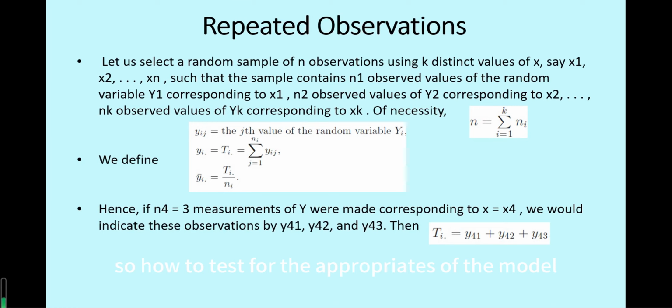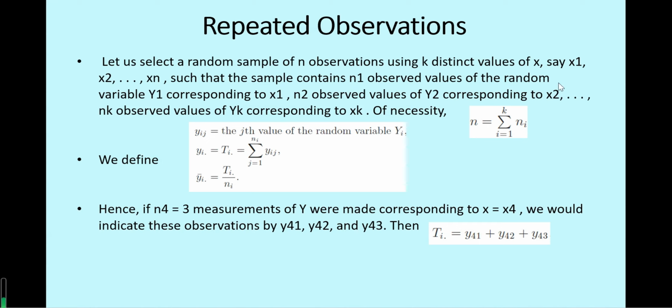So how to test for the appropriateness of the model? One way is using repeated observations. This means that at a given x value, a given independent variable's value, we will test and get several observations of y.